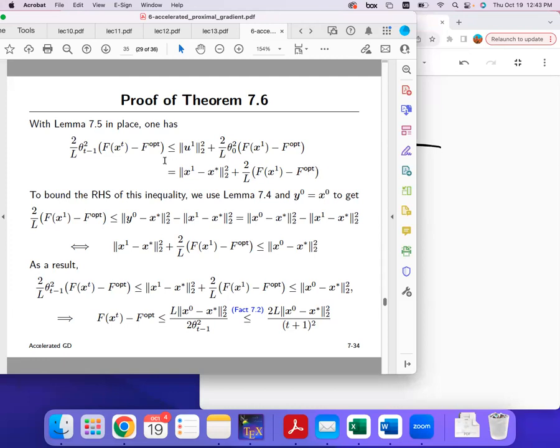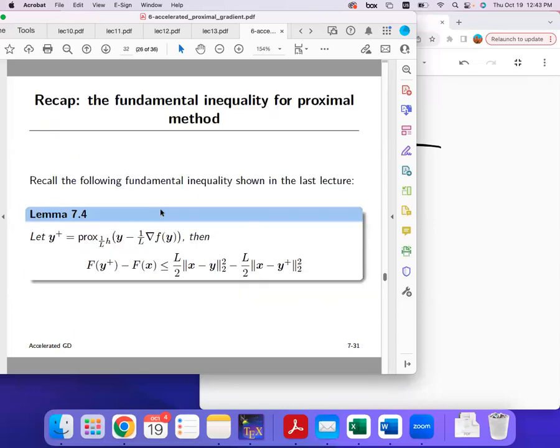And then for the right-hand side, we can bound this term by using lemma 7.7.4, setting y_0 and x_0 equal to x_0. So utilize this lemma.